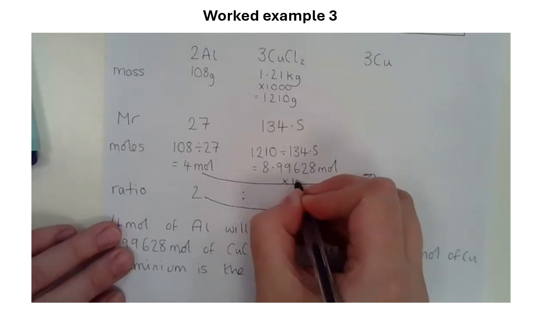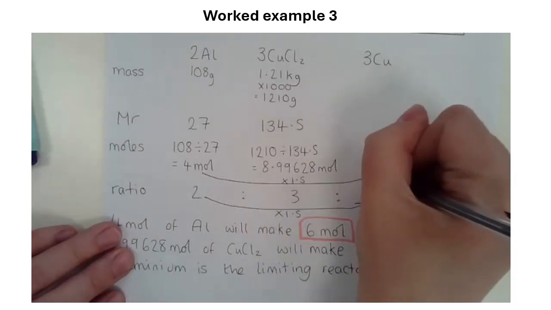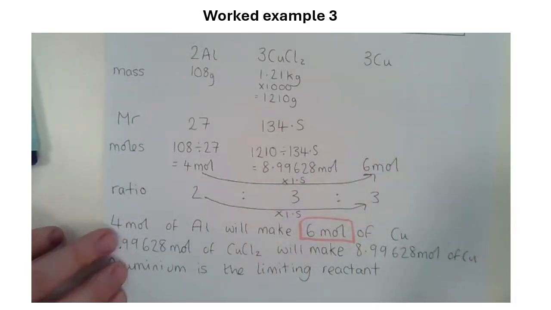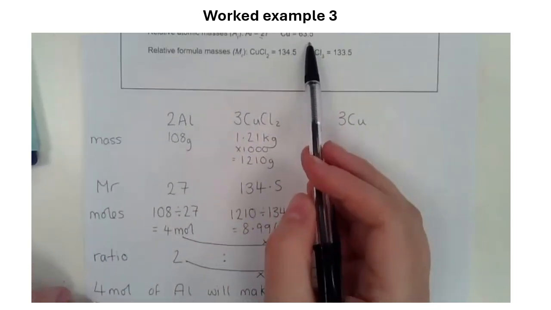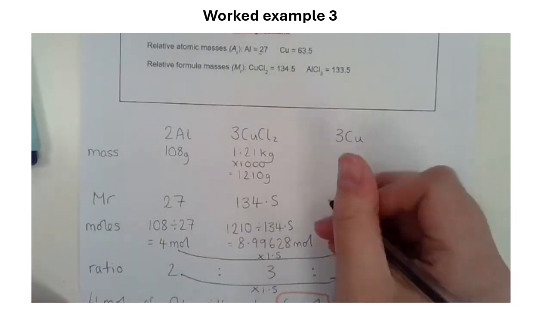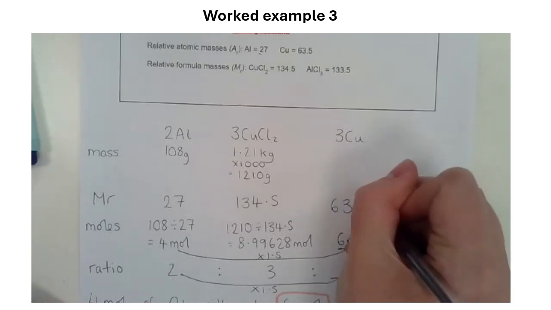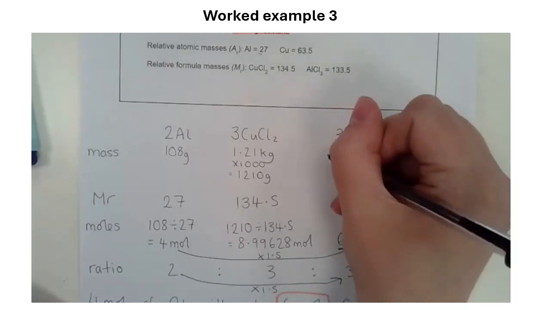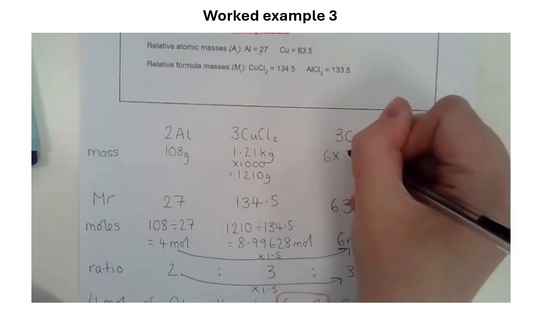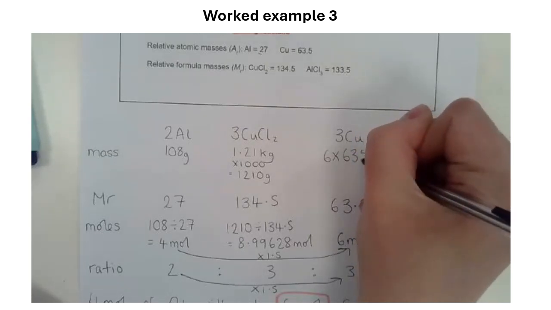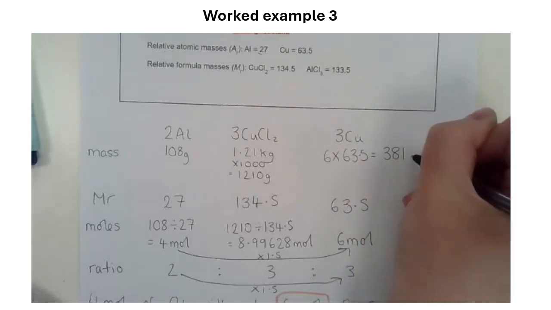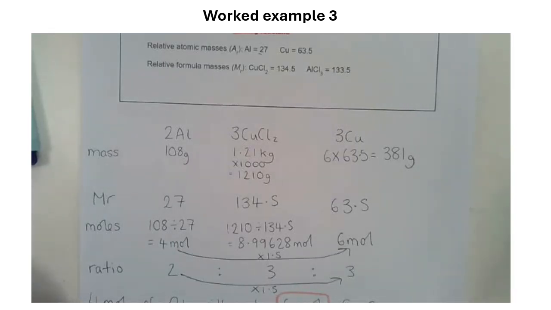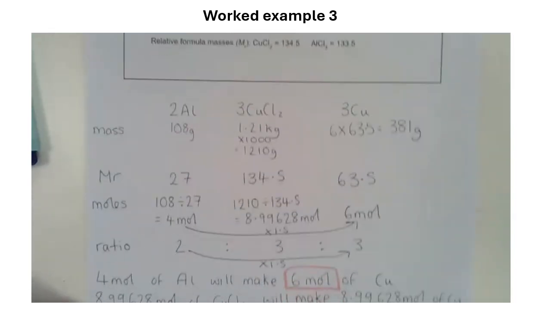I will multiply by 1.5 to give me 6 moles of copper. My relative formula mass of copper given to me in the question is 63.5, and my final mass will then be 6 multiplied by 63.5, which is going to give me 381 grams of my copper. That is my final answer.